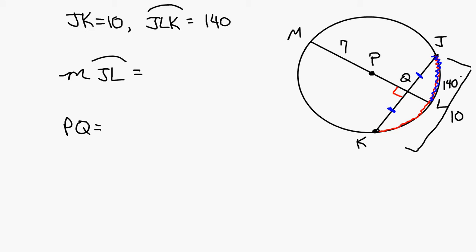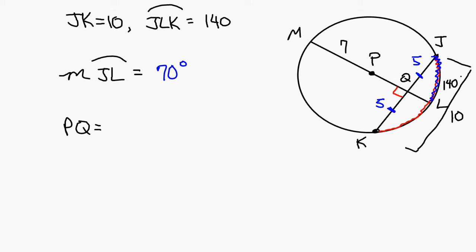Now the rule says that it bisects the chord and its arc. So if this entire arc is 140, from J to K, then from J to L is half of that entire arc. So J to L would be 70 degrees. Got that?